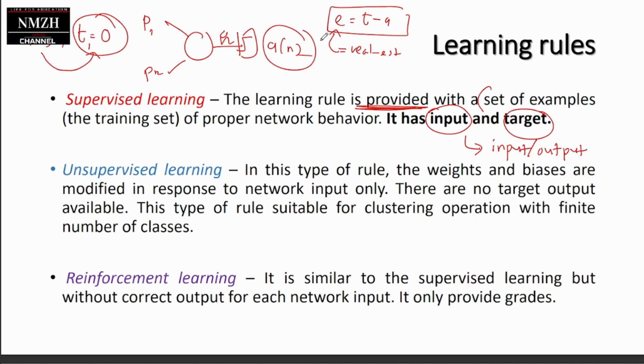While in unsupervised learning, it is a type of rule where the weight and bias are modified in response to the network input only. So that would be a different style. There is no target output. This is the type suitable for clustering operations with a finite number of classes.